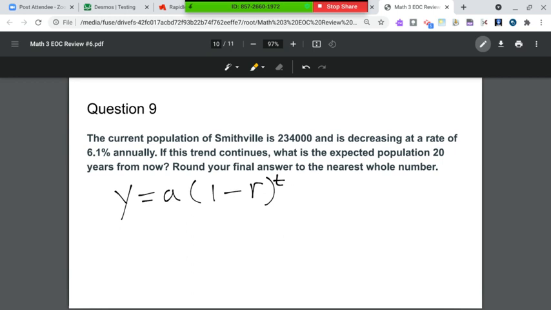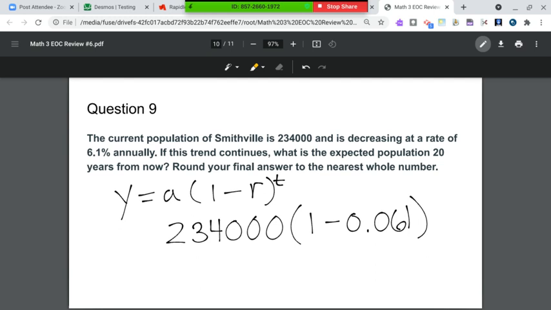All that we're looking for is the expected population after 20 years. What's our a value or our initial amount? 234,000. 1 minus, what's your rate of decay as a decimal? 0.061 to the power of 20. Round our answer to the nearest whole number.